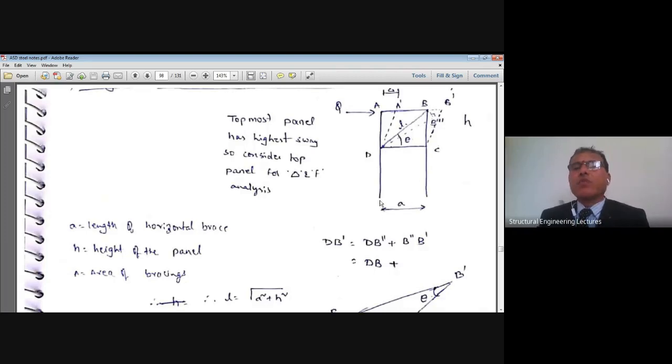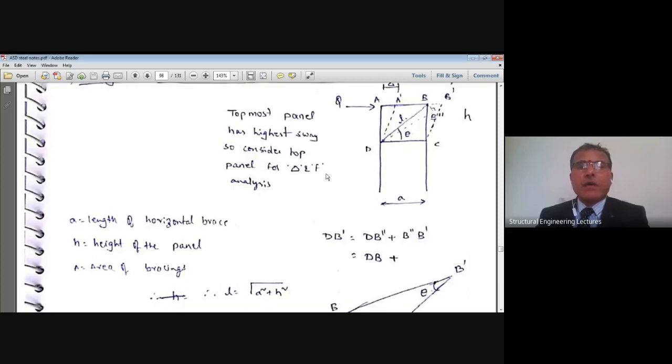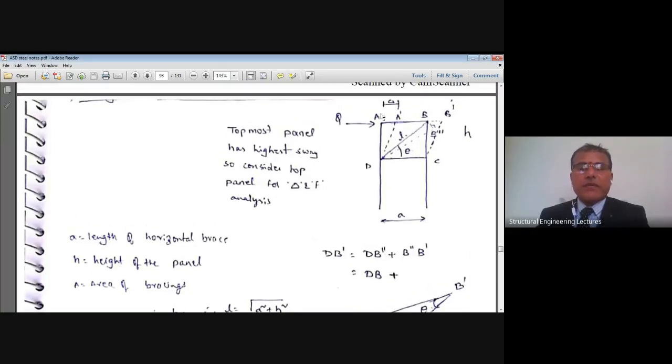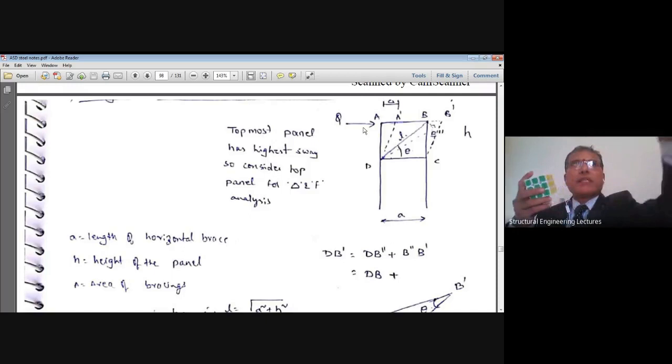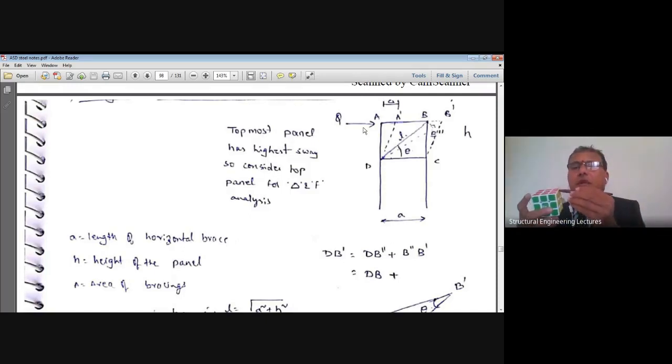Let the distance between the 2 columns be equal to A, and let the height of each panel be equal to small h, and let a force of capital Q be acting on one side of the tank, in the form of lateral force at the top of the tank, which is supported on the staging, right?